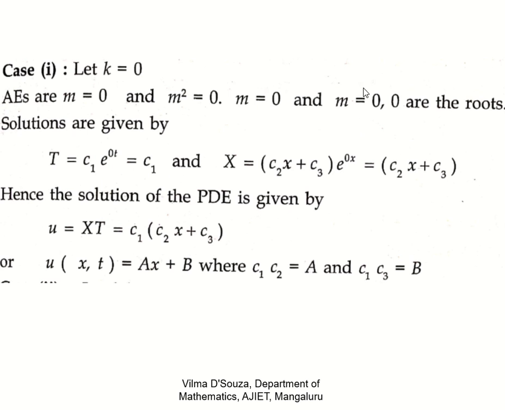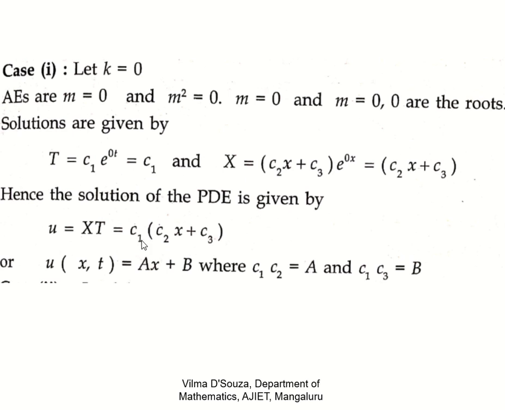And for X you have two roots, so X equals c2 plus c3x, or c2x plus c3, into e^(0x), that is simply c2x plus c3. So what is your solution in this case? The solution of the PDE is given by u equals X times T, that is (c2x plus c3) times c1.